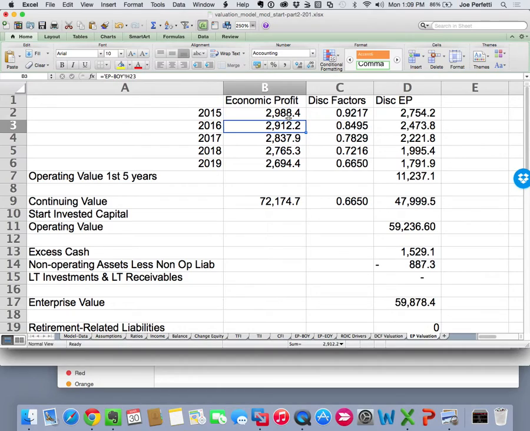So G, H, I, J, K. Again, BOY. Don't use EOY. Same discount factors because it's the same cost of capital. That's the change in value the first 5 years.